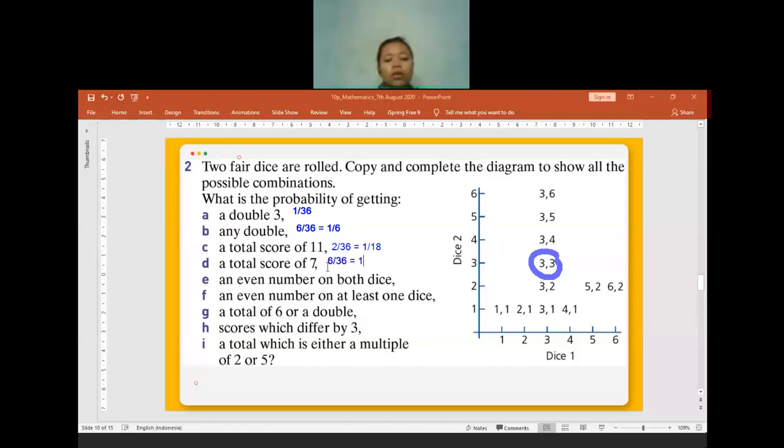Okay, is there anyone who is confused? No one? Okay. If no one is confused, I will move to question E. An even number on both dice.